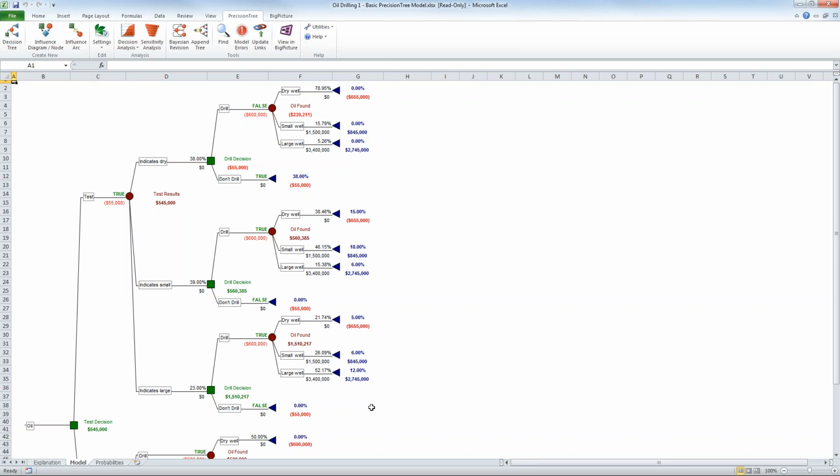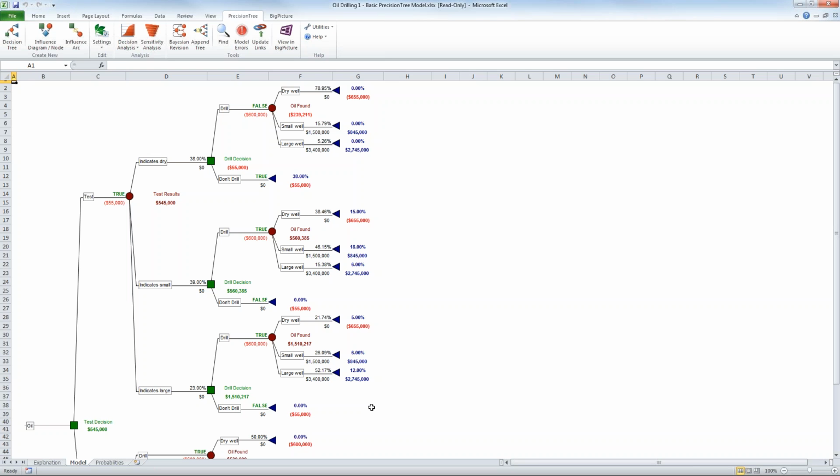But the difference is PrecisionTree will make it completely quantitative. It'll do that extra calculation at the end, and it will also be presented only going from left to right. You'll see when we get into BigPicture, we can start from the center, we can move things around, we can do all sorts of crazy things.